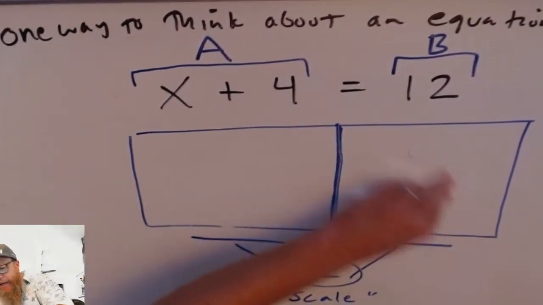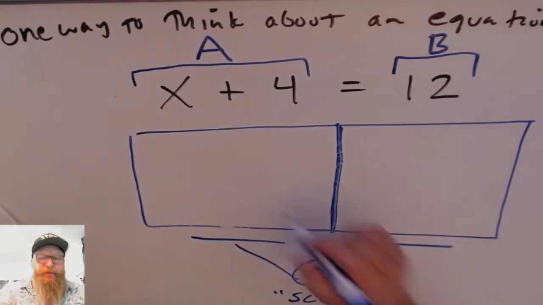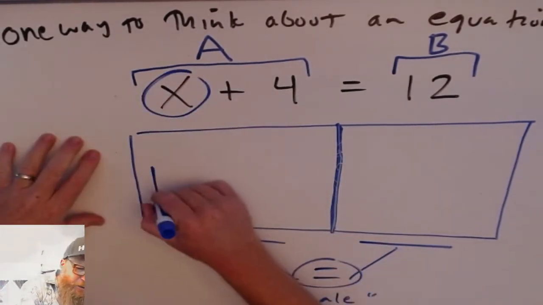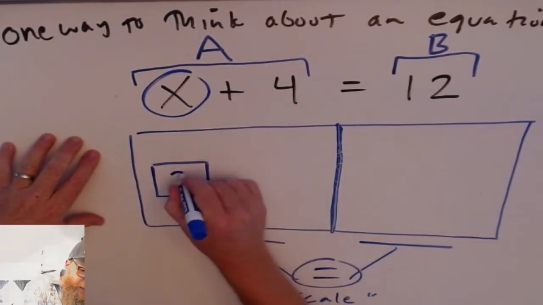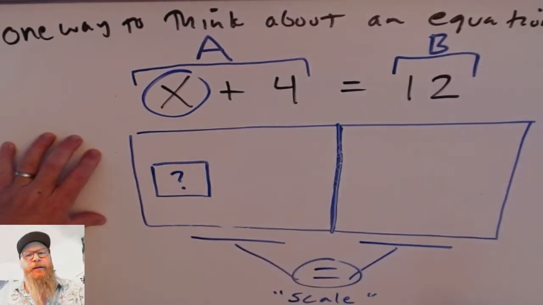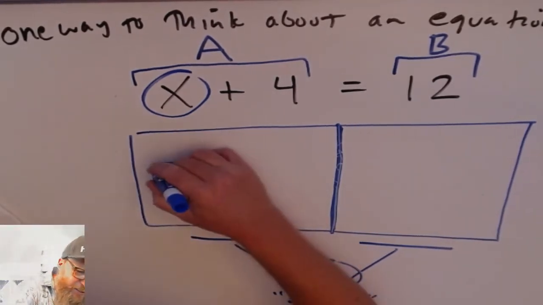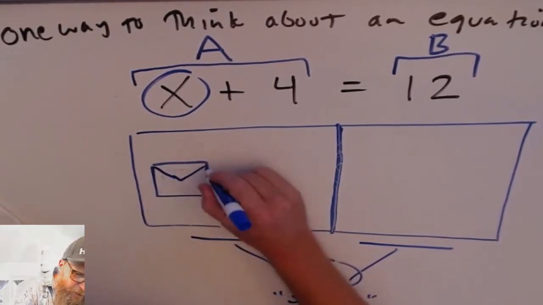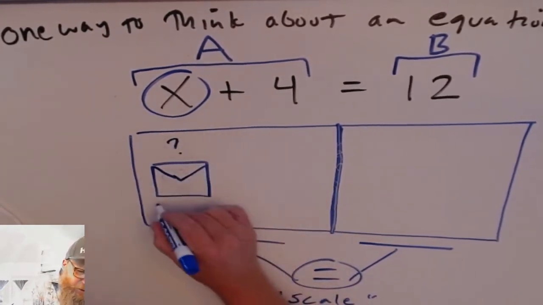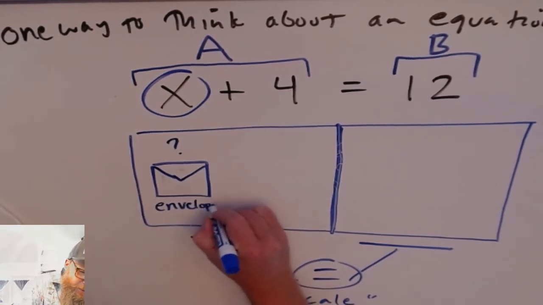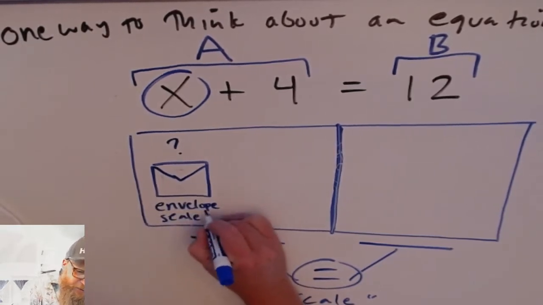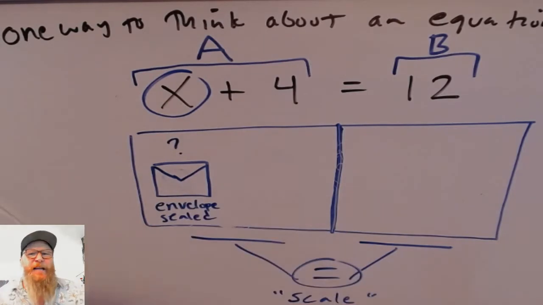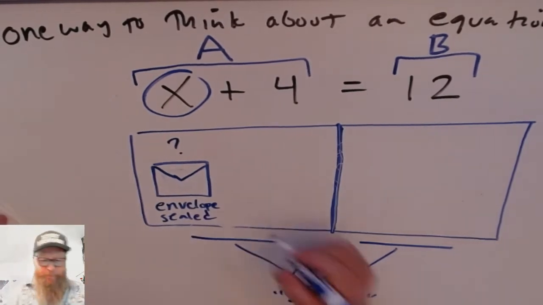So one way to think about an equation is using a manipulative. You can think of X as sort of a mystery box, yeah? Or sometimes they'll think of it as an envelope. If anybody's read the book, you have some envelope that's sealed, and you don't know what's inside the envelope, okay?